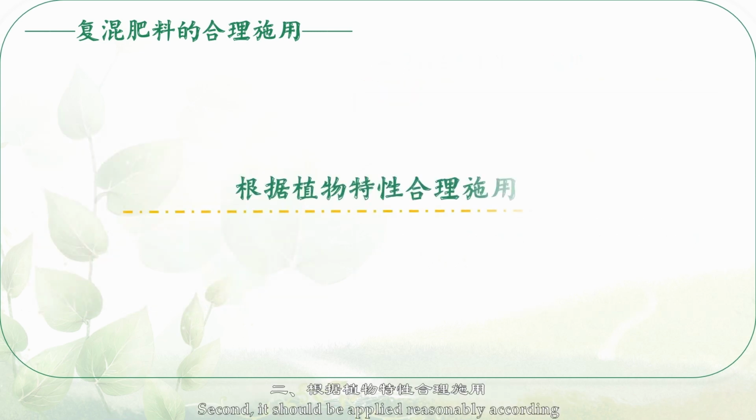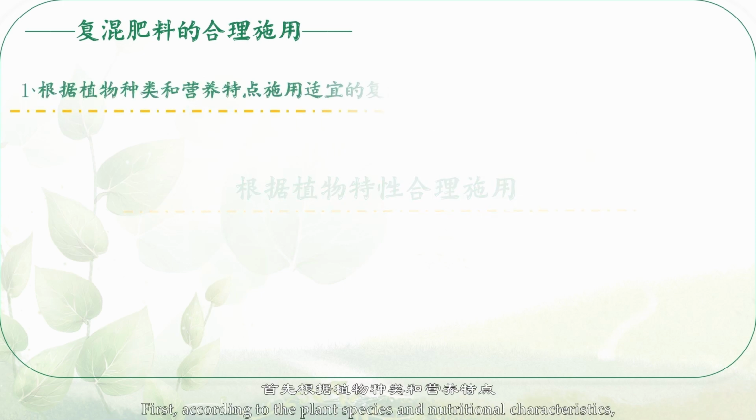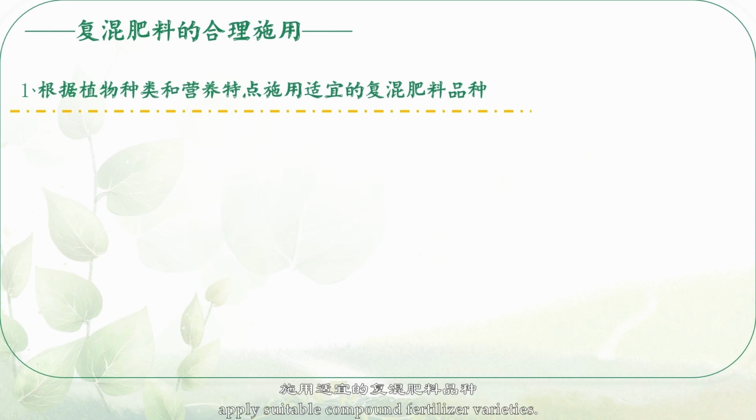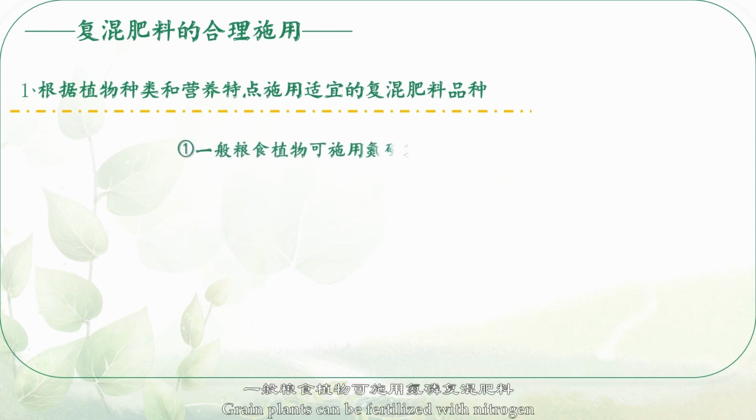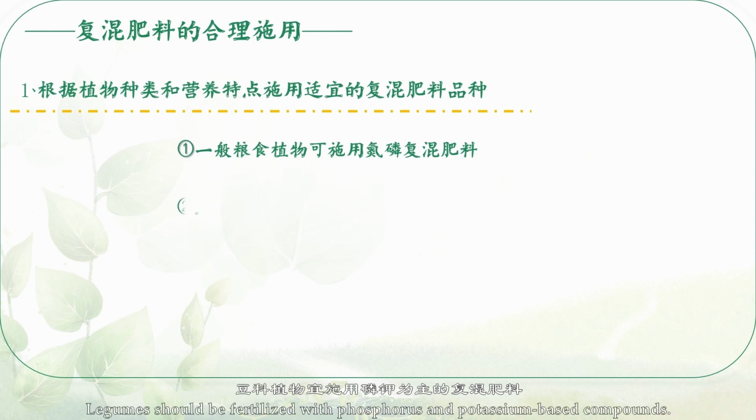Second, it should be applied reasonably according to the plant characteristics. First, according to the plant species and nutritional characteristics, apply suitable compound fertilizer varieties. Grain plants can be fertilized with nitrogen and phosphorus compound fertilizers. Legumes should be fertilized with phosphorus and potassium-based compounds.